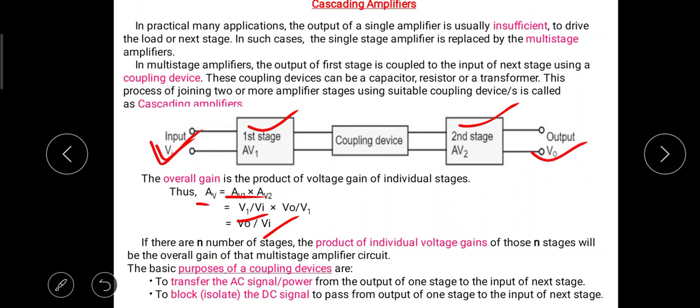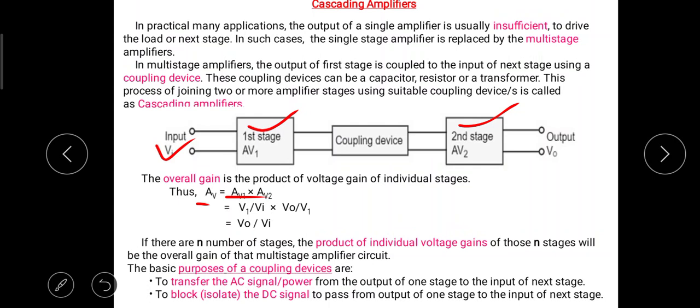This ratio is called the overall or total voltage gain of this two-stage amplifier. That means if n stages are connected, then the product of the individual voltage gains of these n stages will be the overall gain of this multi-stage amplifier circuit.